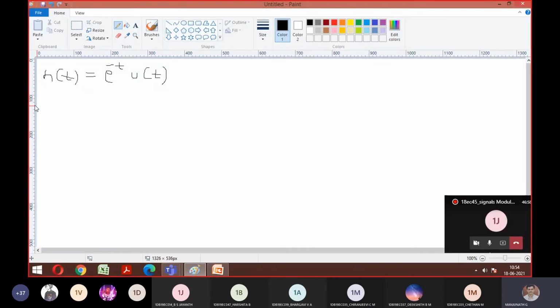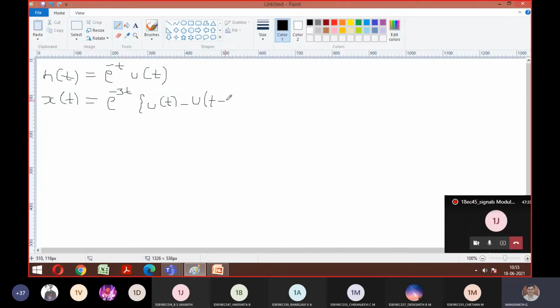With the input signal x of t equal to e to the power of minus 3t into u of t minus u of t minus 2.